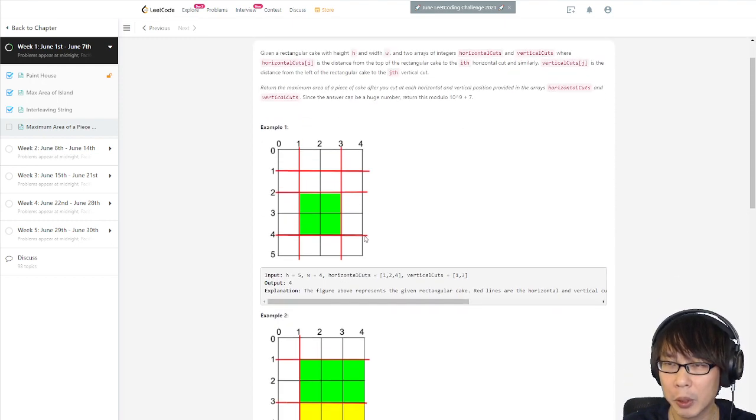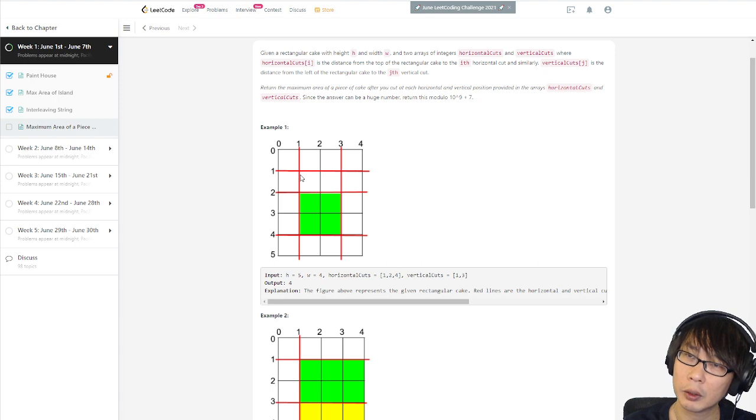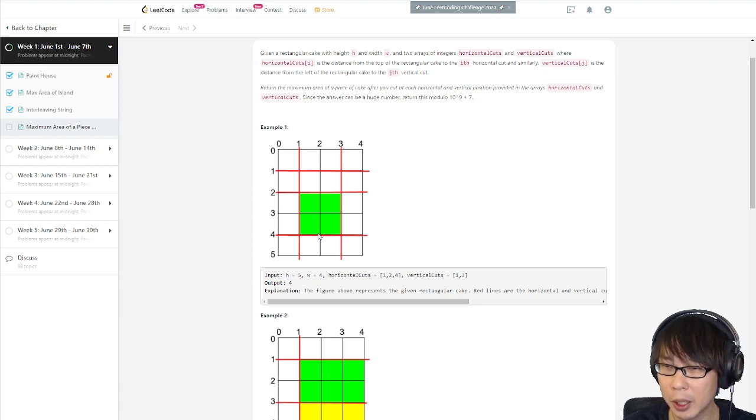Okay, so example 1, we have horizontal cut, so 1, 2, and 4. And we have vertical cut 1 and 3, and the maximum piece of cake is 4.